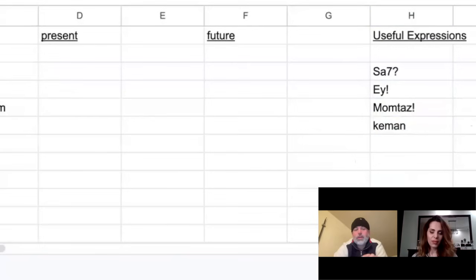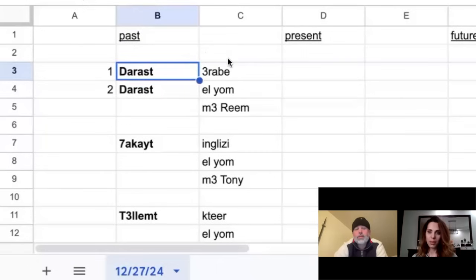I studied Arabic as well: أنا درست عربي كمان.